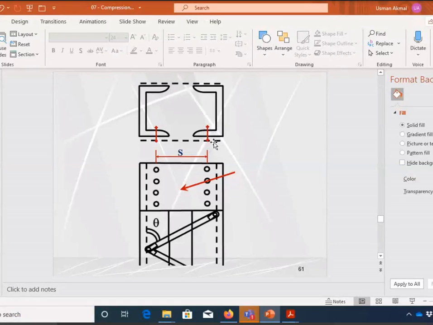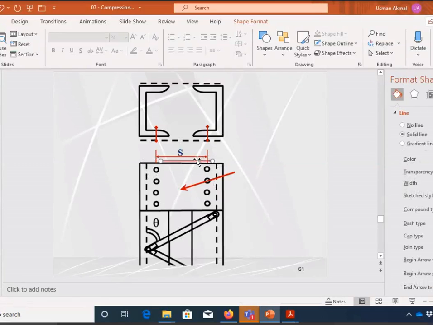So this G value is constant for any type of section, and we have already discussed it in our tension member design. So if I know the total width of this section, this is the total B value.